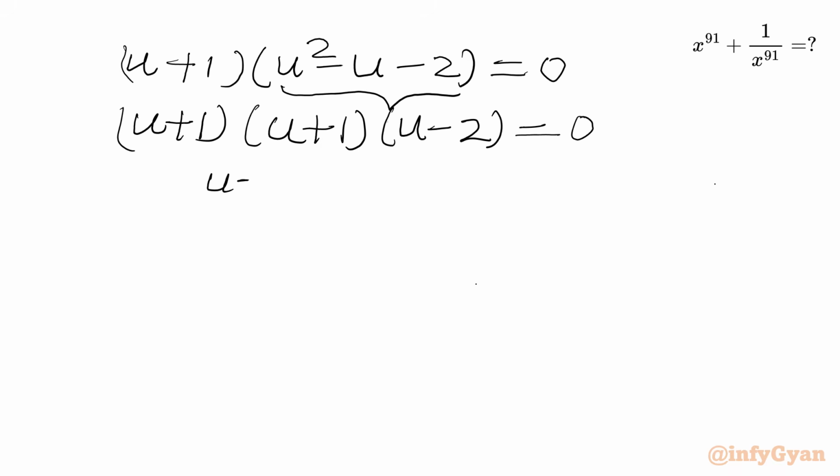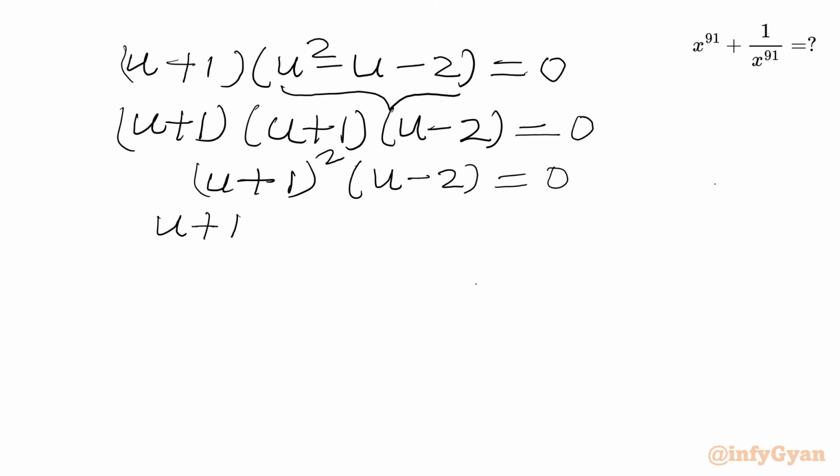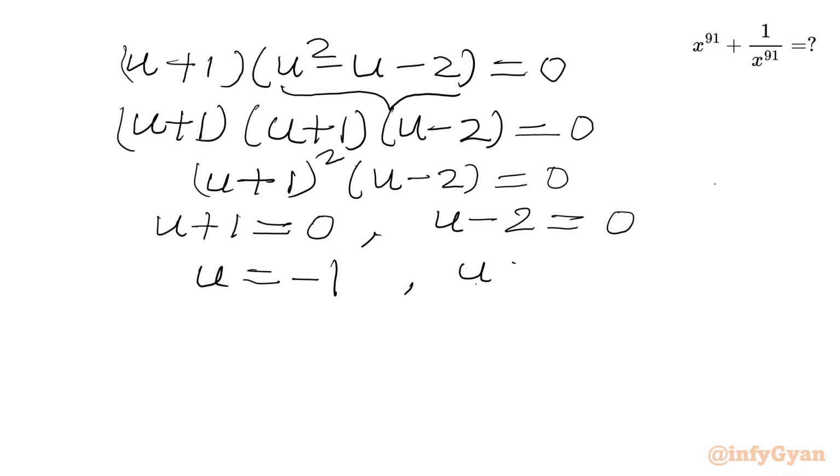Or we can write u plus 1 whole square times u minus 2 equal to 0. We can use the product 0 rule and we will get either u plus 1 equal to 0, or u minus 2 equal to 0. From the first equation we will get u equal to negative 1. From the second equation we will get u equal to 2.